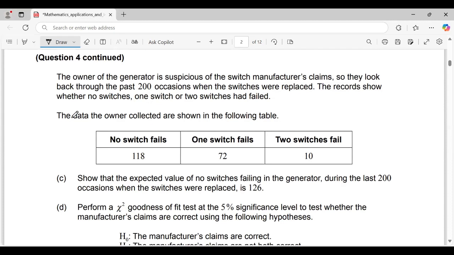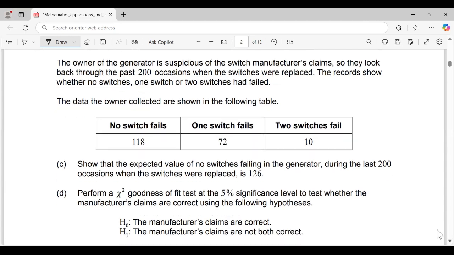The data the owner collected are shown in the following table. The number of occasions with no switches failing in the generator during the last 200 occasions when the switches were replaced is 126. Okay.